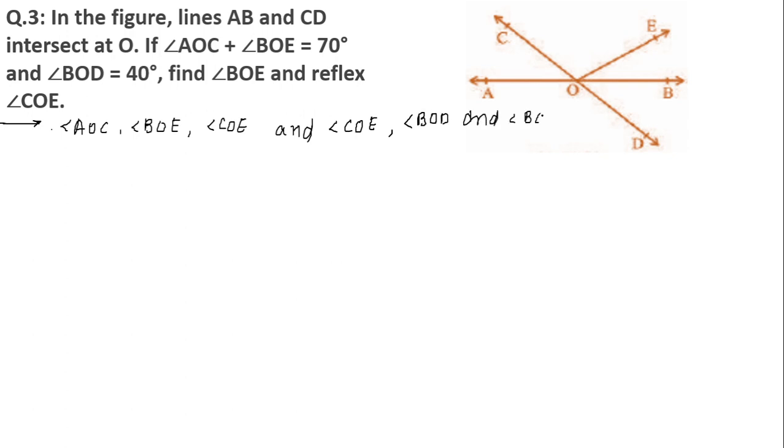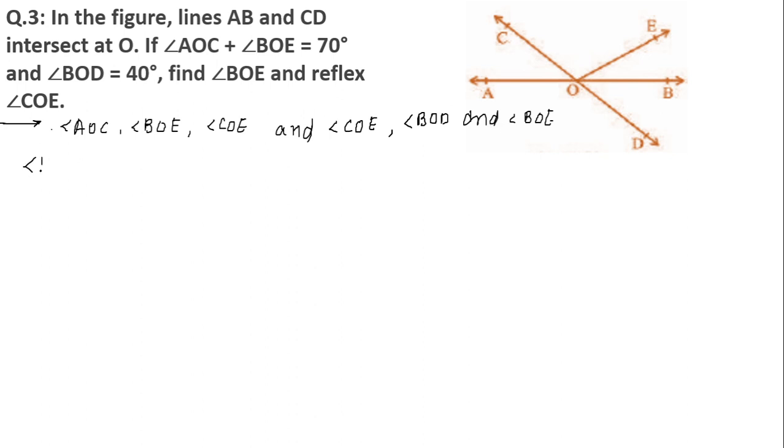Just look at these angles. These form a straight line each. Okay, so angle AOC, BOE and COE, similarly COE, BOD and BOE. Okay, so we know that the sum of all these angles will be equal to 180 degrees.